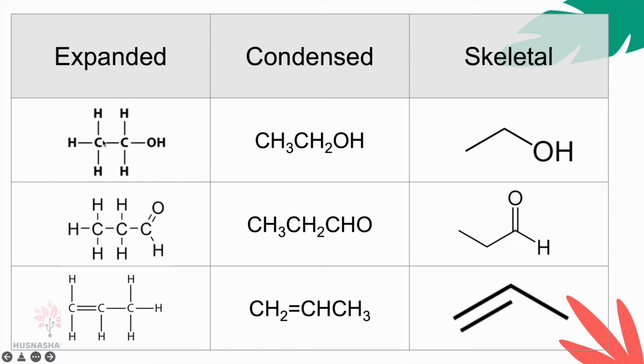So this is for CH3CH2OH. Okay, this is how you draw expanded structure. This carbon is bonded to 3 hydrogen, and the second carbon is bonded to 2 hydrogen, and the 2 other bonds: it has a single bond with carbon and a single bond with OH.